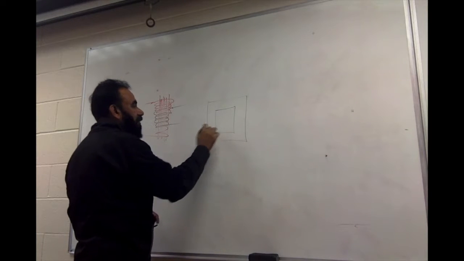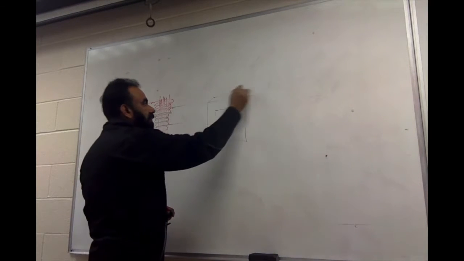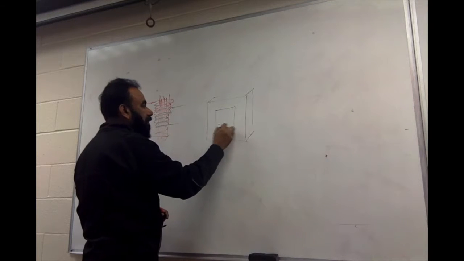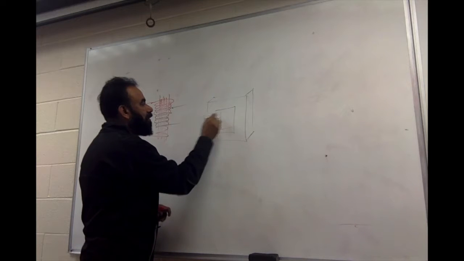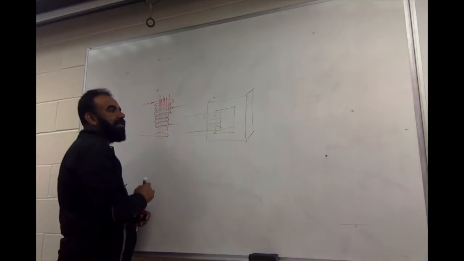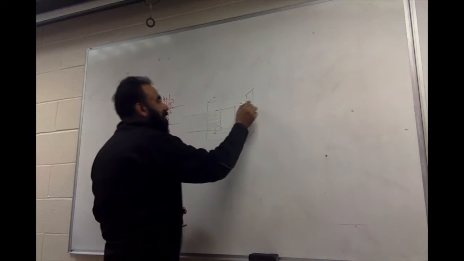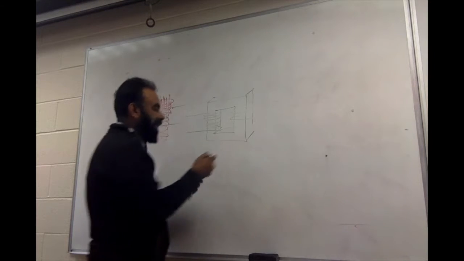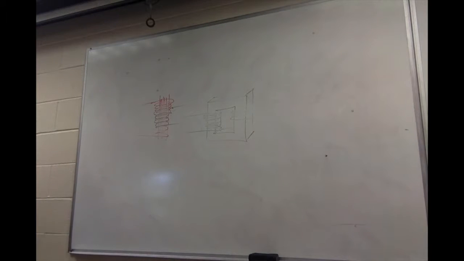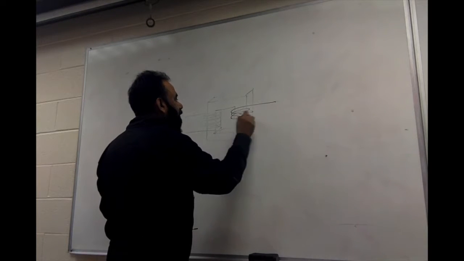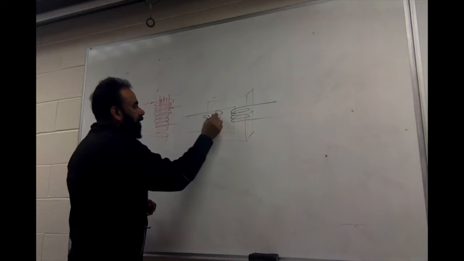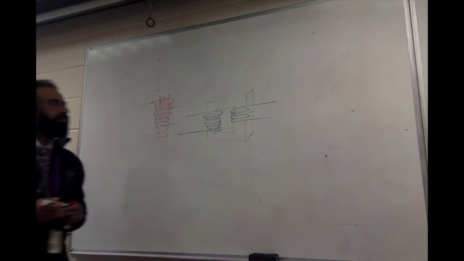You can do this kind, like that, and then wind it over here. This is one winding called the primary, and this is the other winding called the secondary.